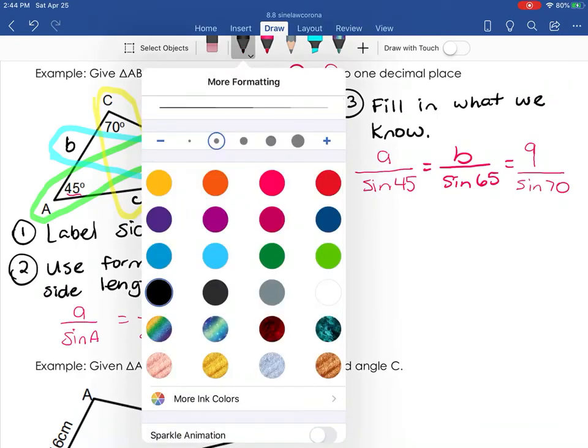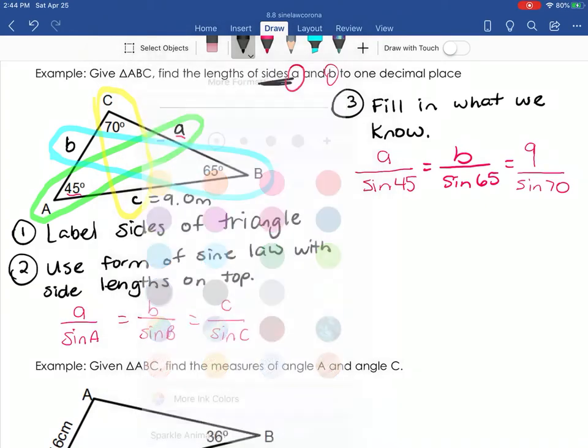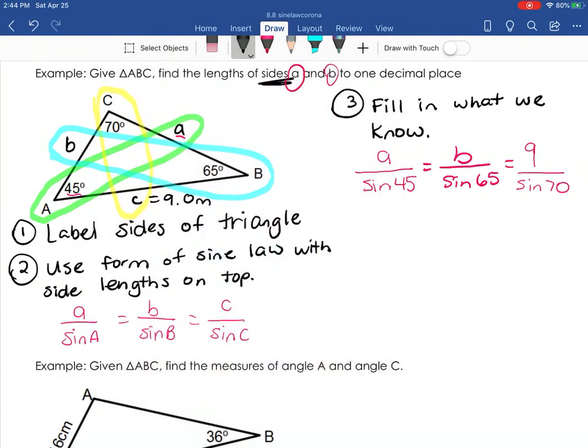Okay, so now we have one complete ratio. So we have this complete ratio here, and then we have two incomplete ones. So now we have to split up, okay?